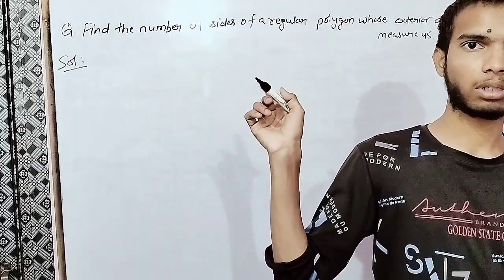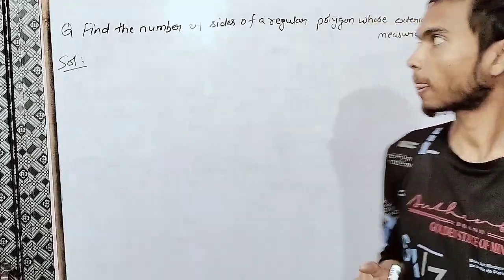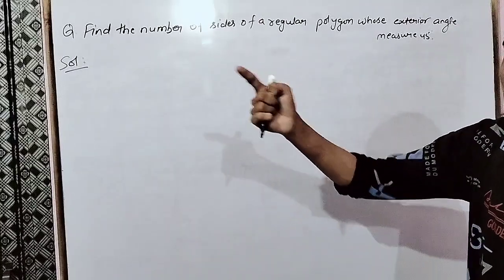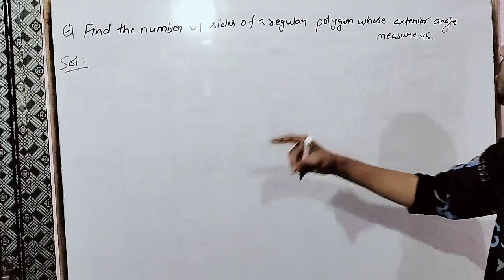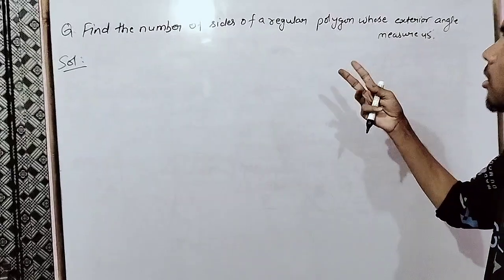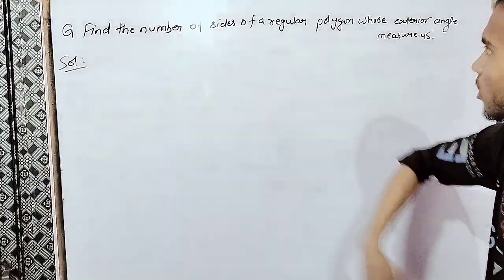That is not our question. The question is to find the number of sides of a polygon, and the polygon is what you don't know. It is a regular polygon.